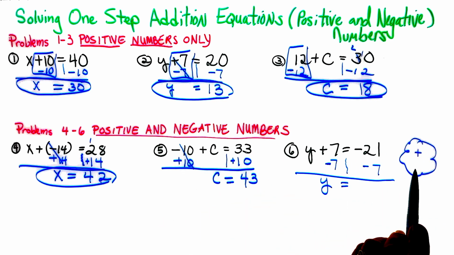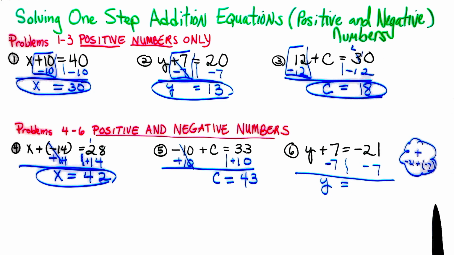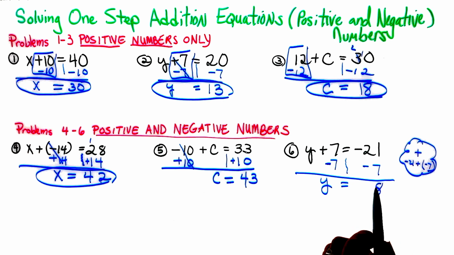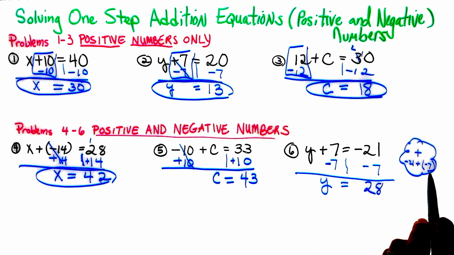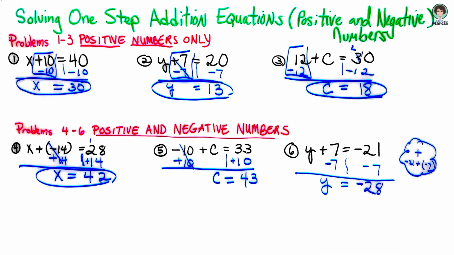So I have a negative 21 plus a negative 7. Well, we know when we're working with integers, if you have two negatives, you just add them. Okay, so it's 28, and you write the sign of what these numbers are. So your answer is y is equal to a negative 28.